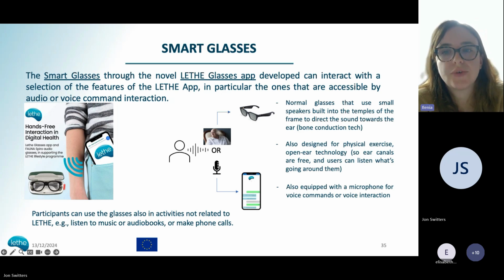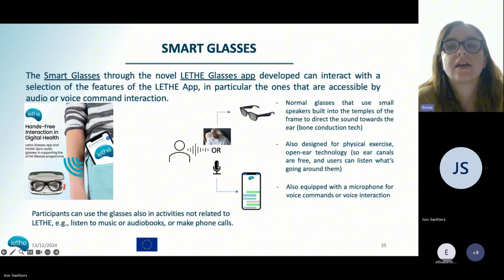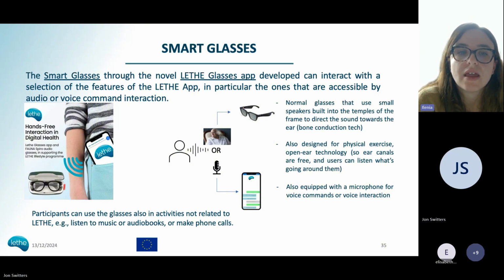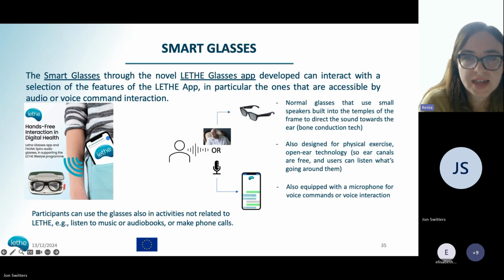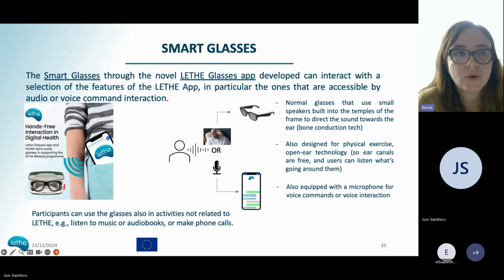They are also designed for physical exercise because the ear canals are free and users can listen to what's going on around them while doing, for example, physical exercise. They are also equipped with a microphone for voice command and voice interaction. Participants can also use the smart glasses in activities not related to the Lethe program, for example, to listen to music or audiobooks, or for making phone calls.